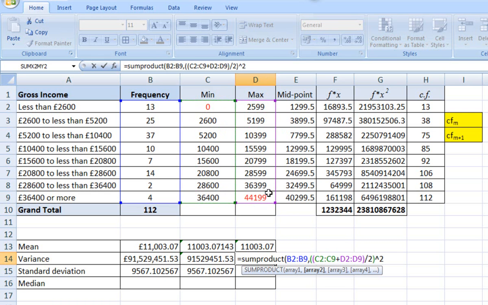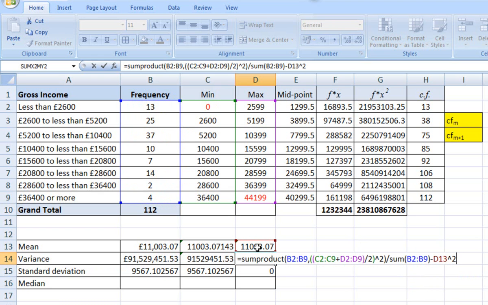So that's the midpoint to the power 2. And the sumproduct divided by the sum of the frequencies, minus the mean squared.